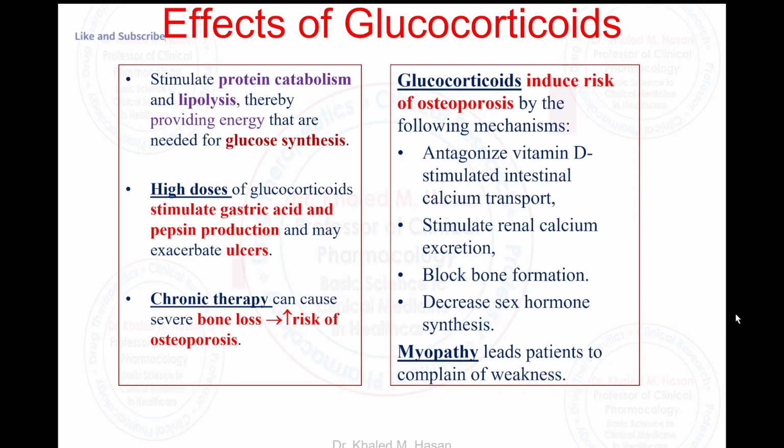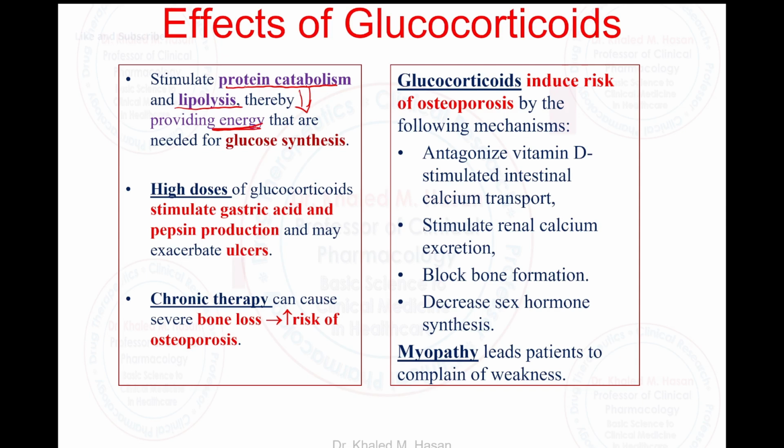Okay, moving to the next action of the corticosteroids, or glucocorticoids. When you prescribe them to your patient, the glucocorticoids are responsible for protein catabolism and lipolysis, all of which lead to providing energy.